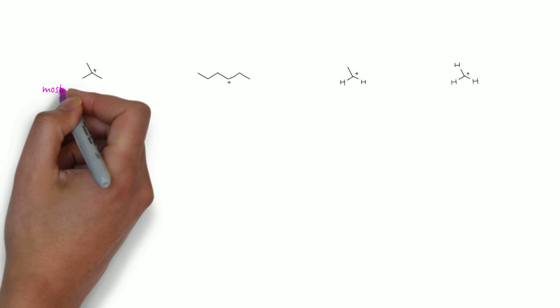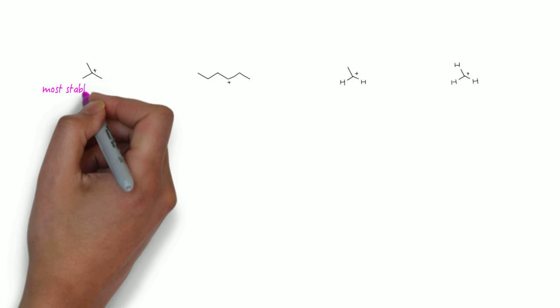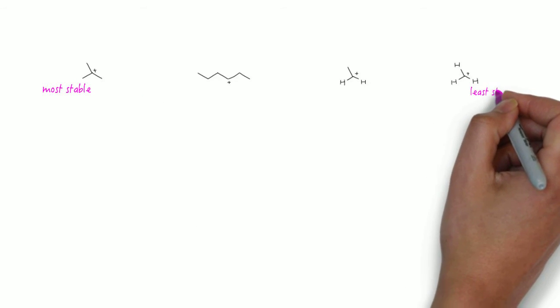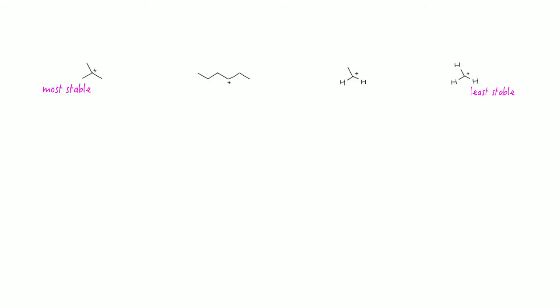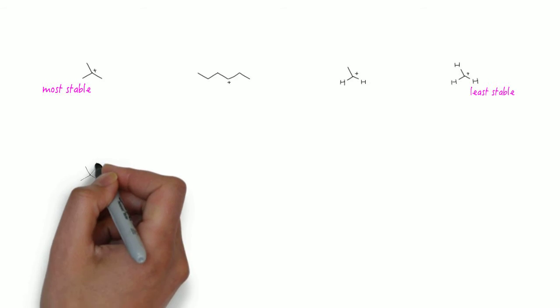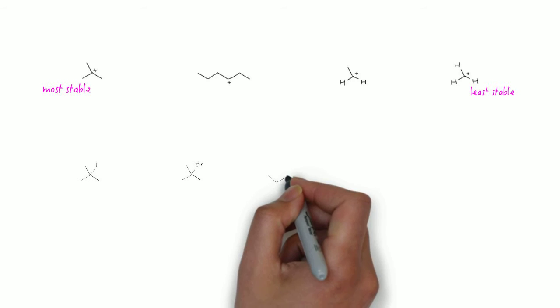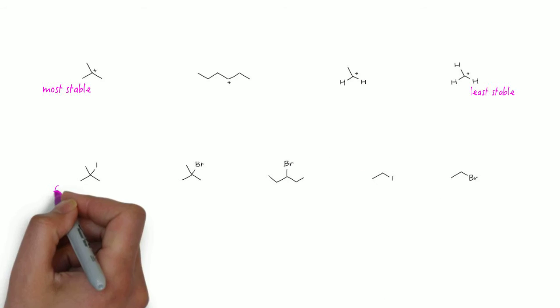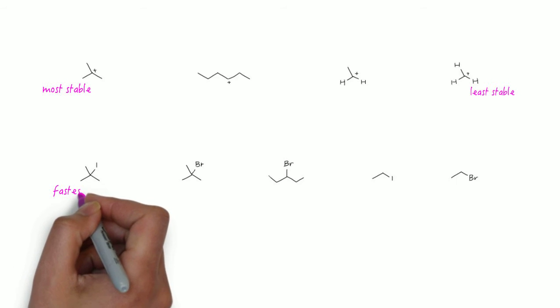So if I take tertiary, primary and secondary alcohols, the tertiary ones react fastest and the primary ones react slowest. Similarly, for alkyl halides, tertiary bromo is faster than secondary bromo. Primary iodo is faster than primary bromo.